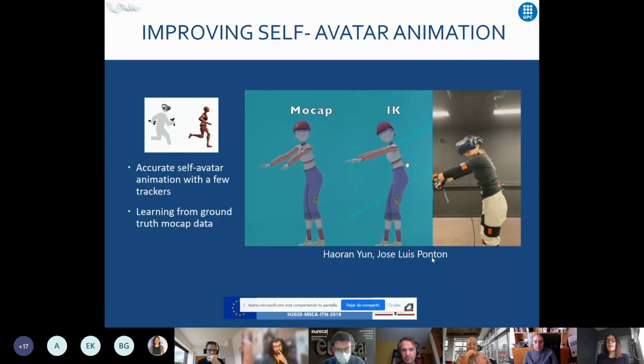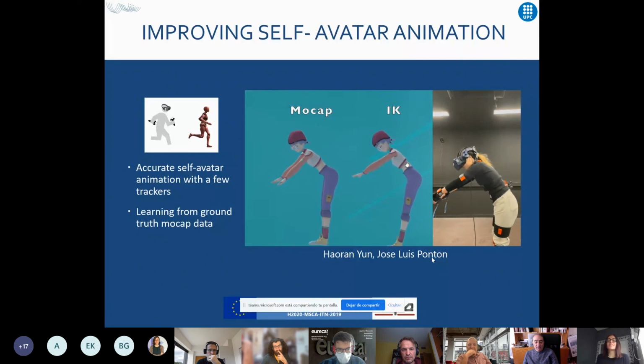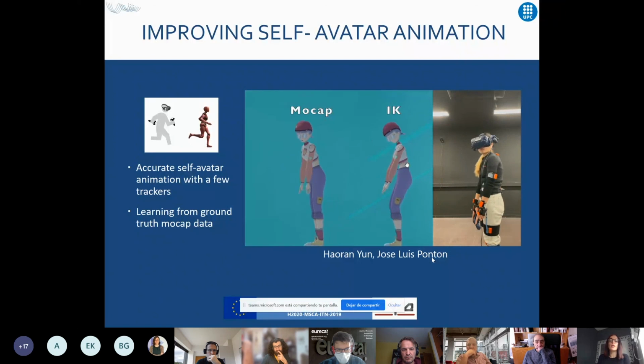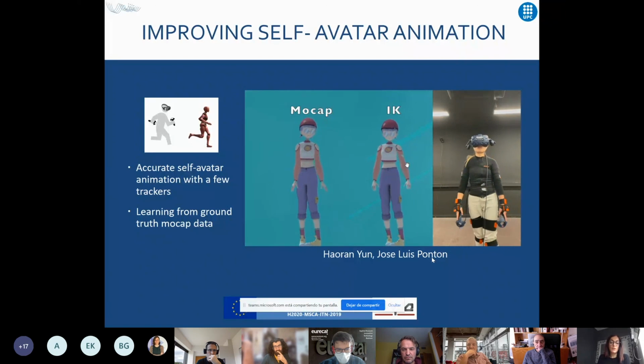So what you get here is that immersive solutions still have errors in the position of the avatar, still have errors when it comes to the movement of certain limbs of the body.